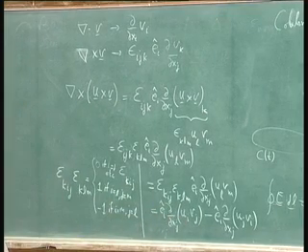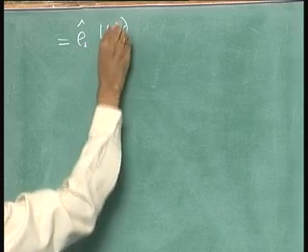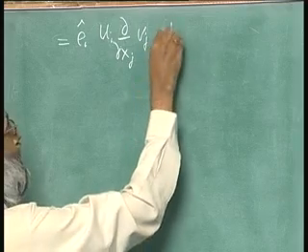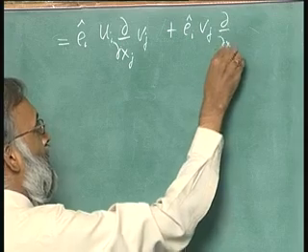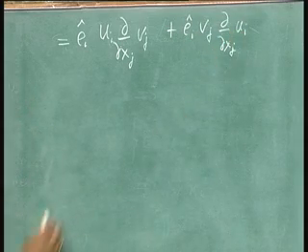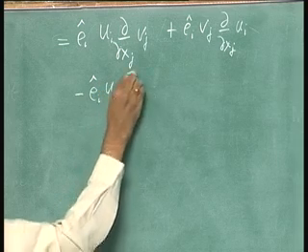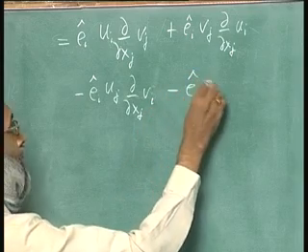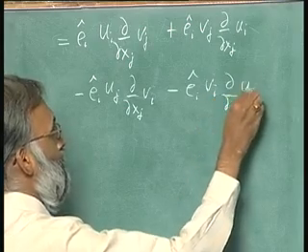So, when I do that, I get ei ui del del xj of vj plus ei vj del del xj of ui minus ei uj del del xj of vi minus ei vi del del xj of uj.